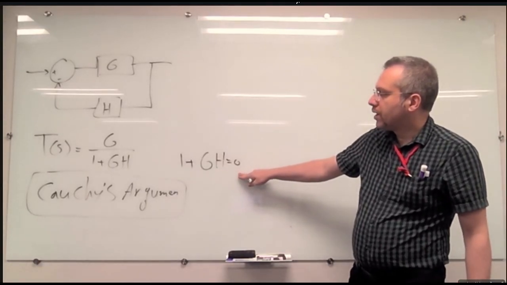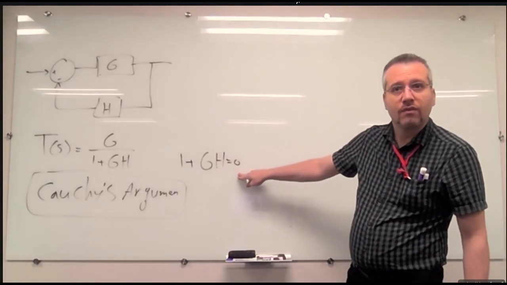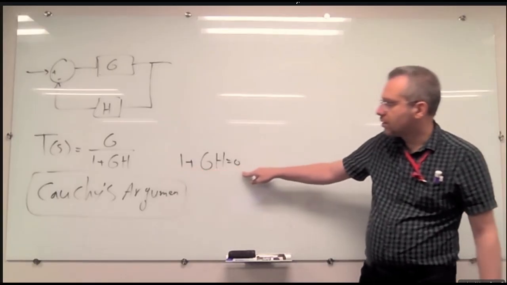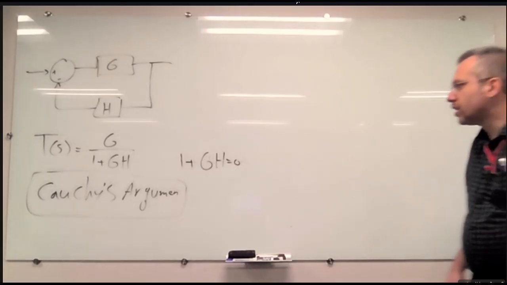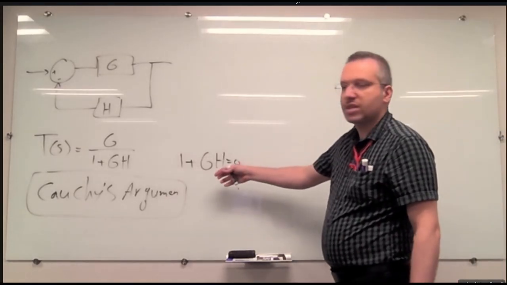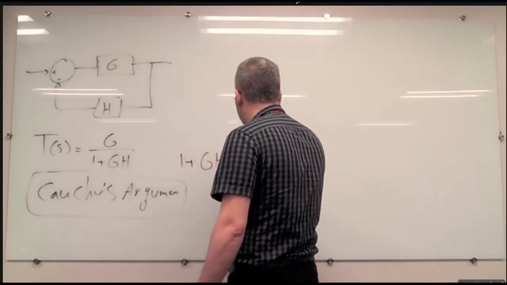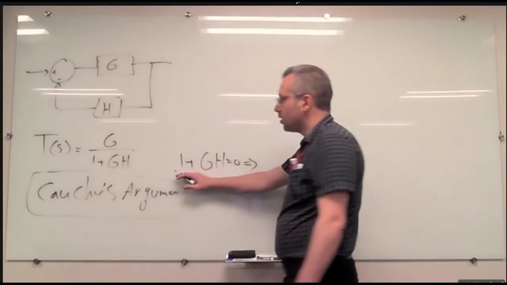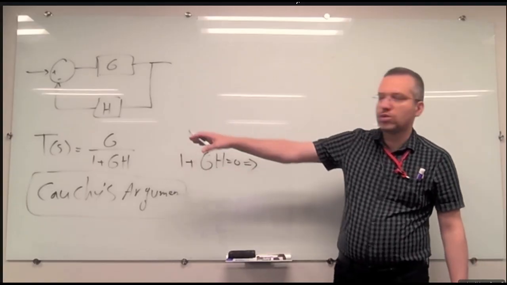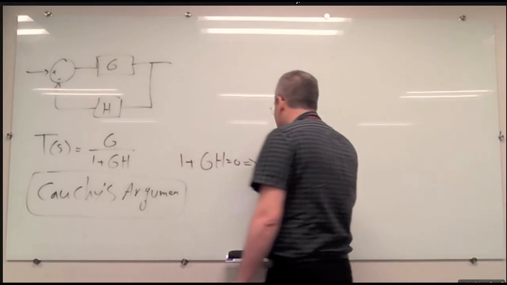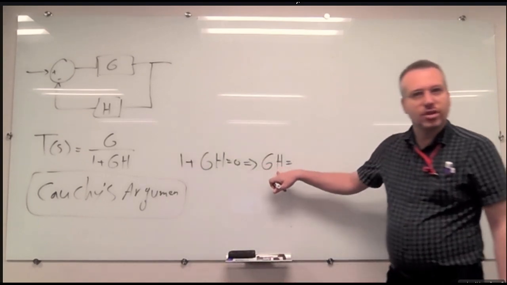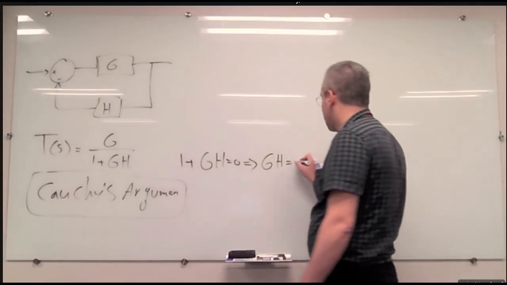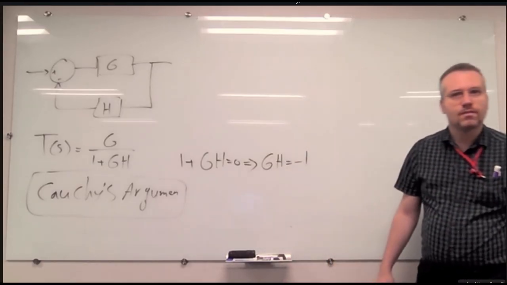Now, when we want to define this condition in the Nyquist discussion, we are going to simplify it a little bit, and we say, based on this condition which defines the poles of our overall transfer function, these poles happen when GH is equal to -1.